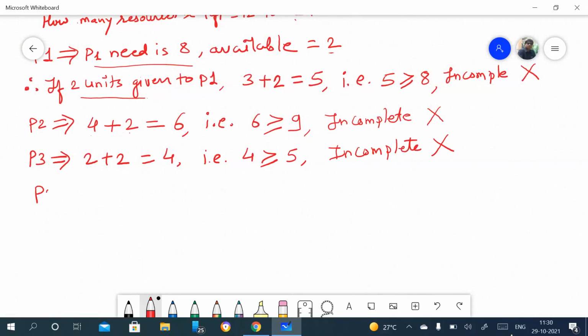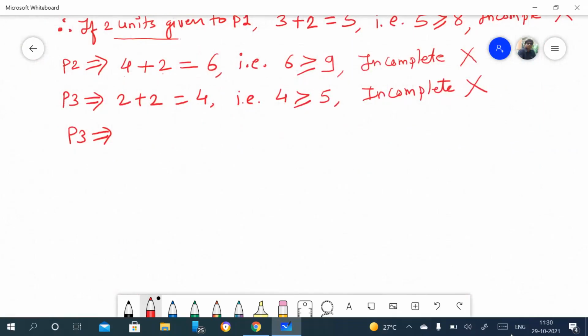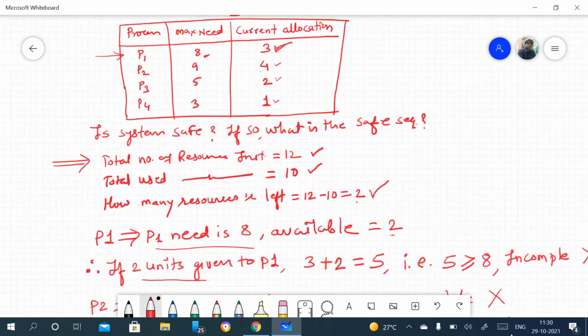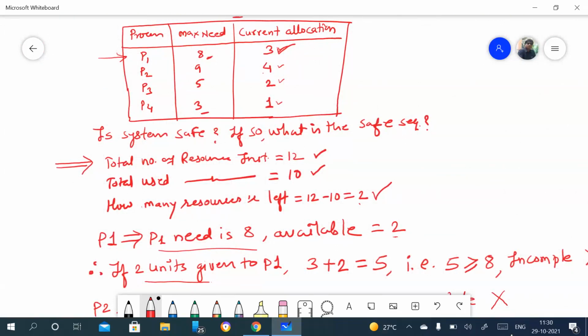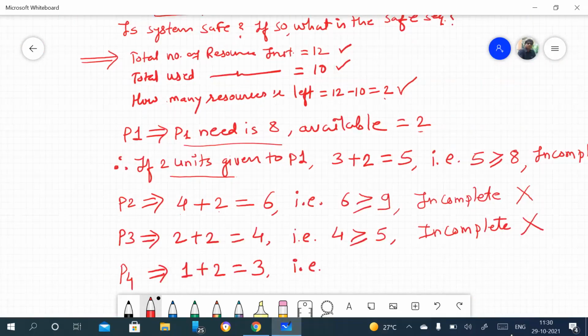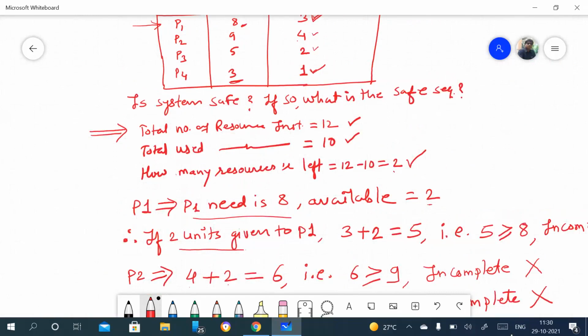Now we'll just give that same two resources to P4. So what is the need of this P4? Need is 3 and the allocated is 1. So we can say 1 plus our 2. So this becomes 3, and the need is 3, right?